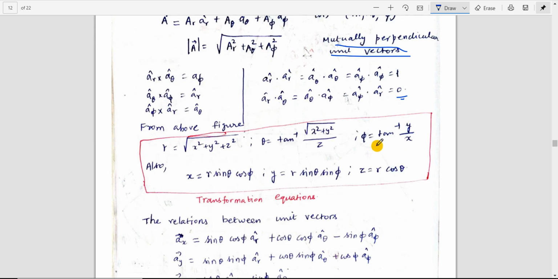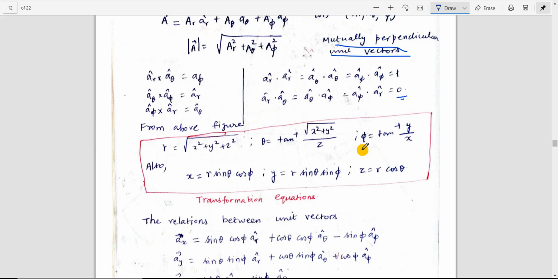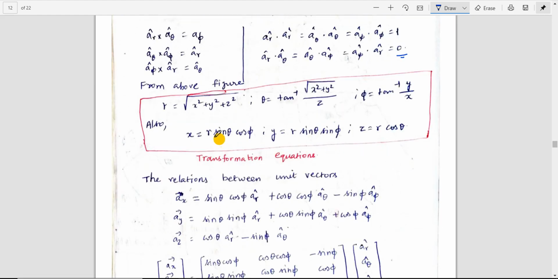So this phi can be represented as tan inverse of y by x. So why are we getting y by x? This is the y axis component, and this is the x axis component. So we can mention the angular separation between the two axes as tan inverse of y by x.